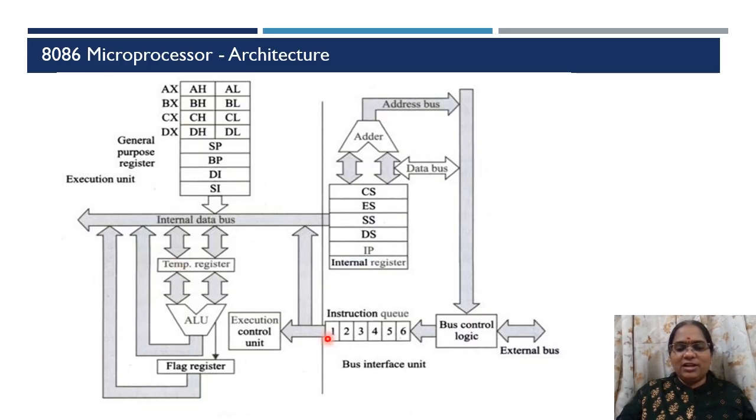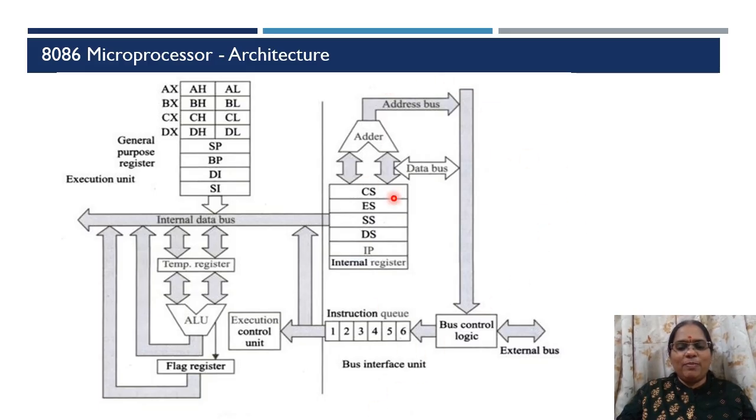By the time you have read the first instruction, the queue, which is of size 6 bytes, will have room, since you have fetched the first instruction. So you can fetch the next instruction and feed it into the queue. Likewise, we have a parallel execution of this process. This is the first process which started the pipelining concept, that is, parallel execution.